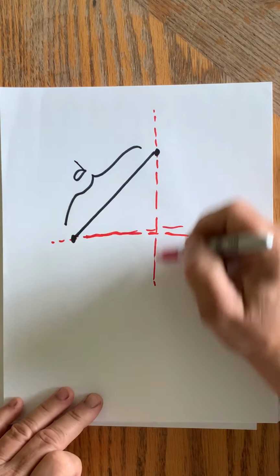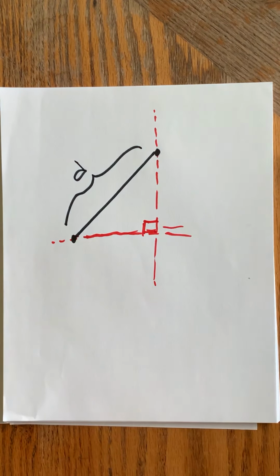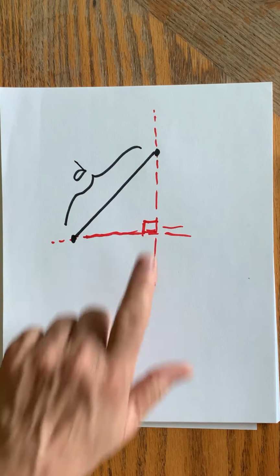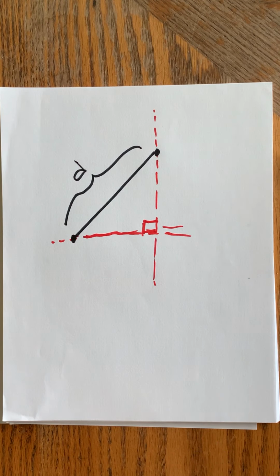To where you have a vertical line and a horizontal line coming together, and of course that creates a right angle, right? And so as soon as you have a triangle that is a right triangle because it has a right angle in it, now you can invoke the Pythagorean theorem.